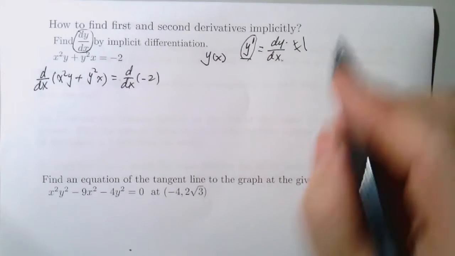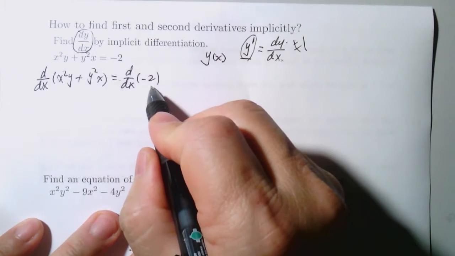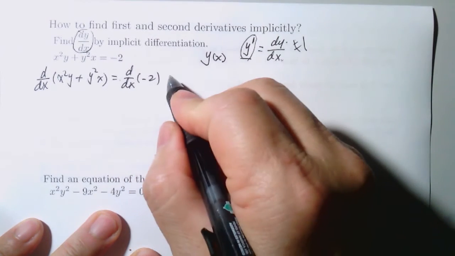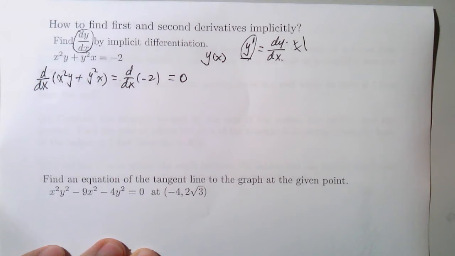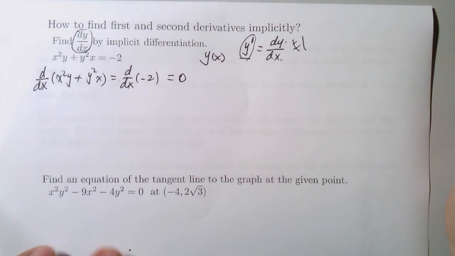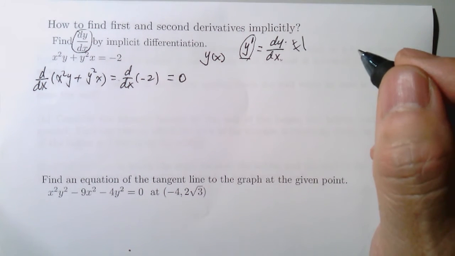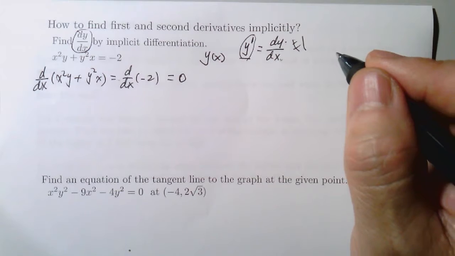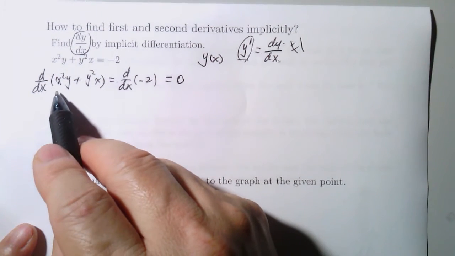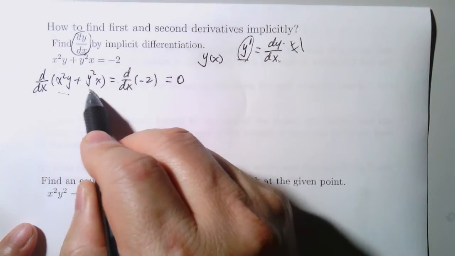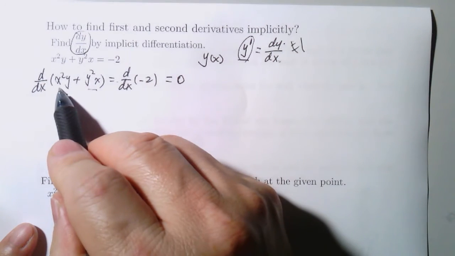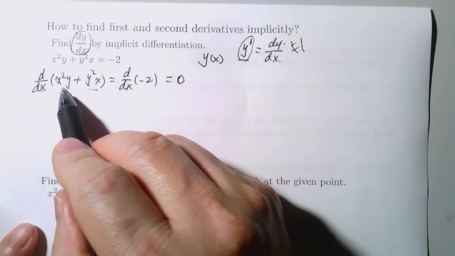Since this is a constant, its derivative is 0. Now we want to find the derivative of this term and that term, because each is a product of two functions.